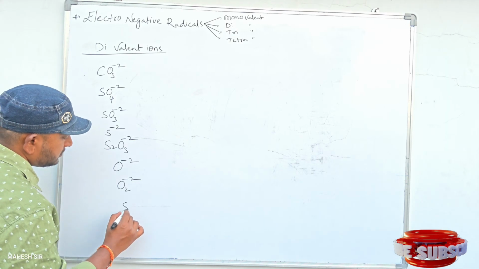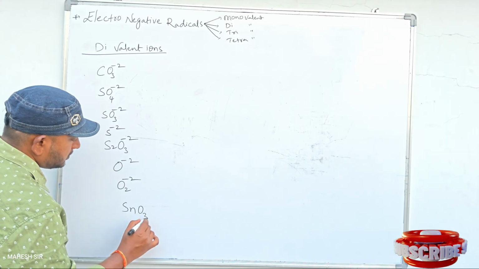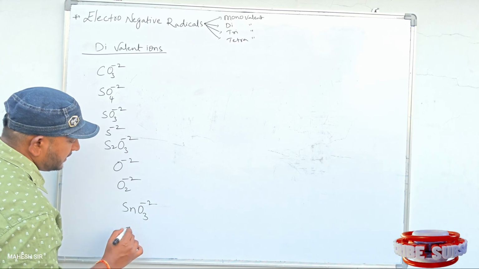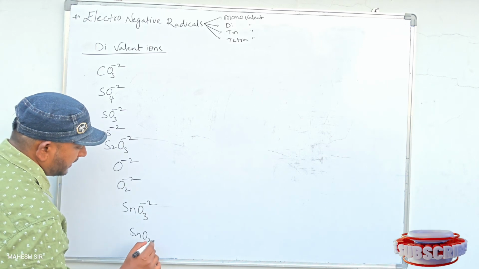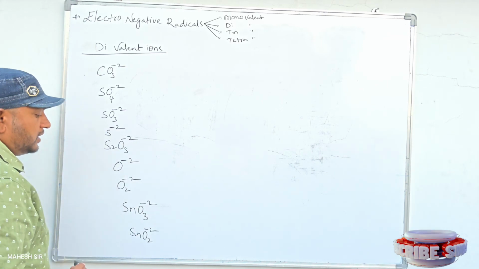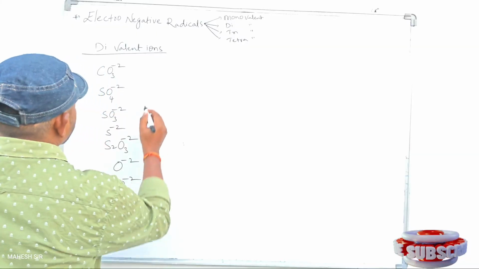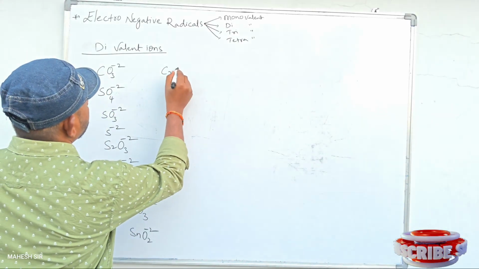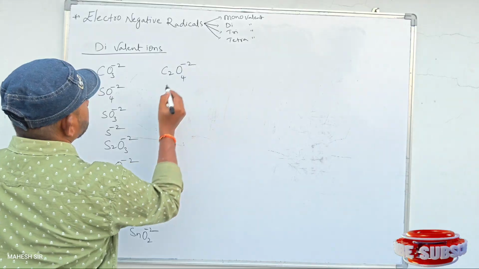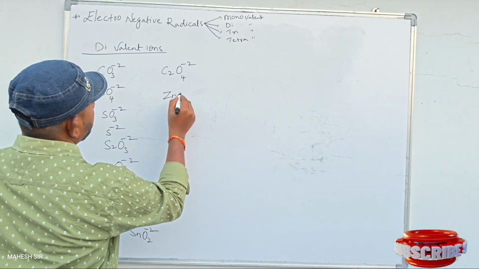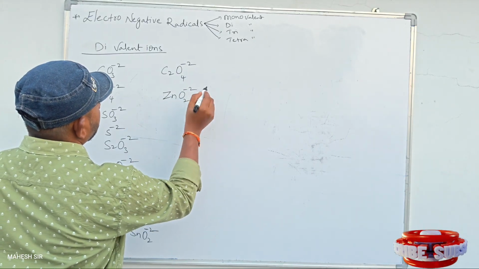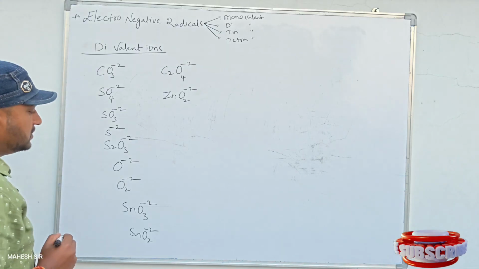Next, SnO3 minus 2, stannate, stannite, C2O4 minus 2, oxalate.